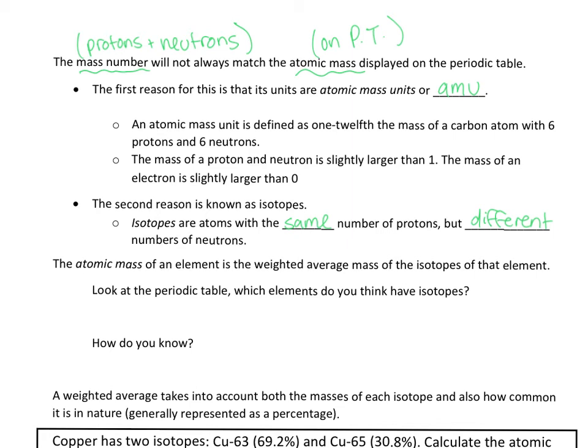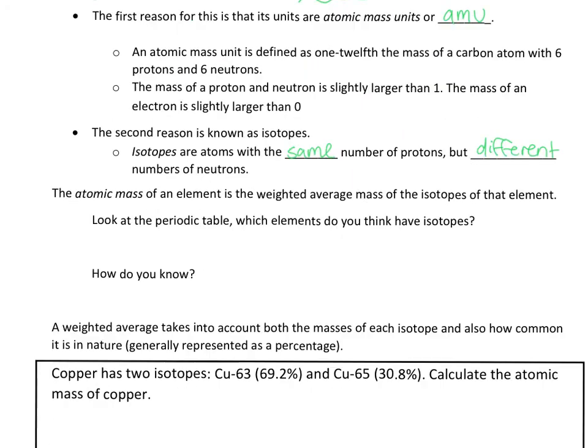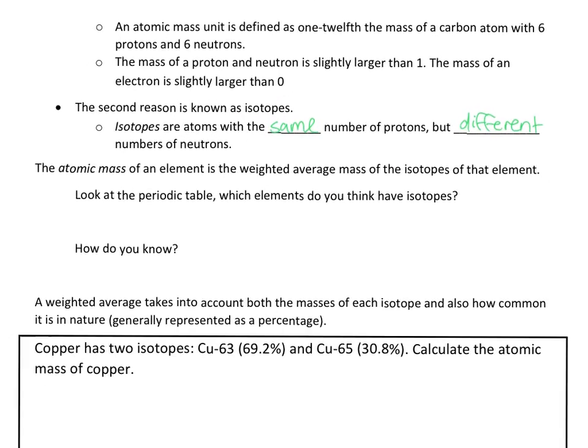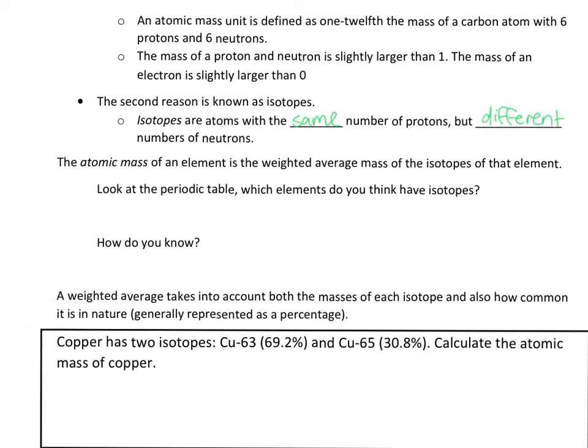Now, weighted averages are kind of like what your grade would normally be in this class, okay? Normally I have it to where 35% of your grade is test and 20% of your grade is homework and 30% of your grade is classwork and then final and whatever.